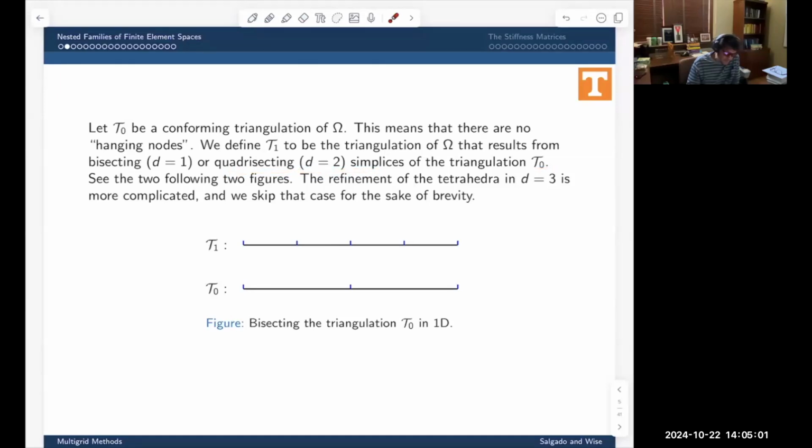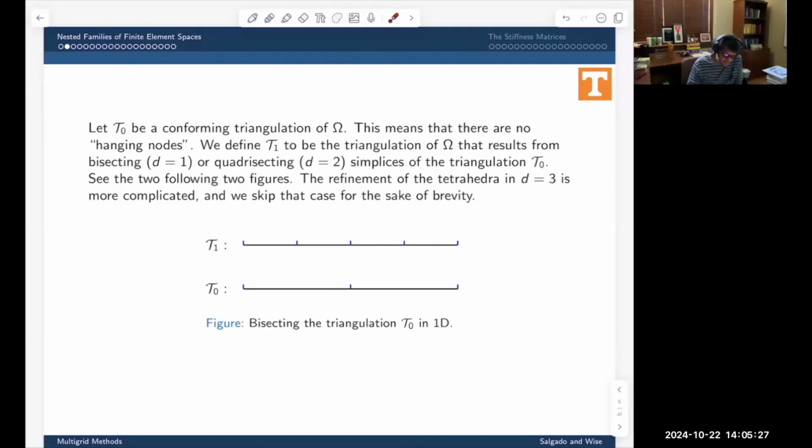So I want to show you how this goes. In one dimension, here's a triangle, or an element. Okay, this isn't really a triangle, but it's sometimes called a triangle or an element. We're going to bisect that by just cutting it into two and making two new intervals, which are half the size of the previous.